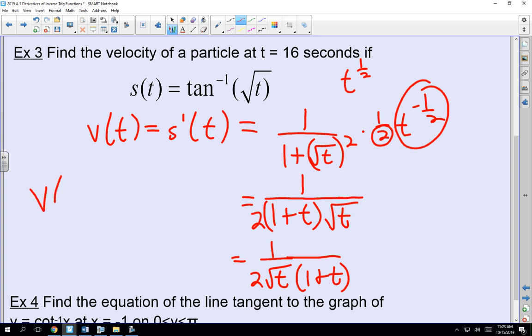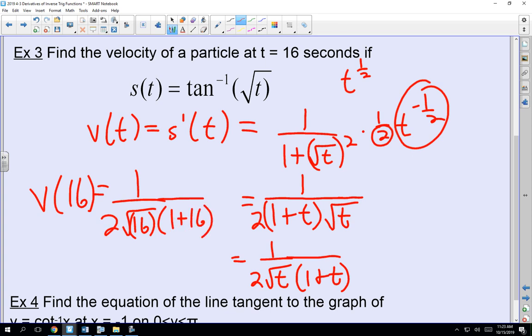So v of 16 is going to be whatever I get when I plug in 16 where I see a t: 1 over 2 times 4 is 8, times 1 plus 16, which is 17. 8 times 17 is 136.